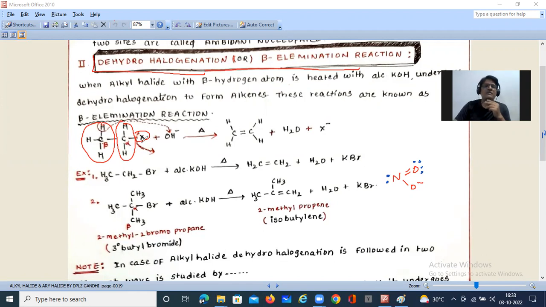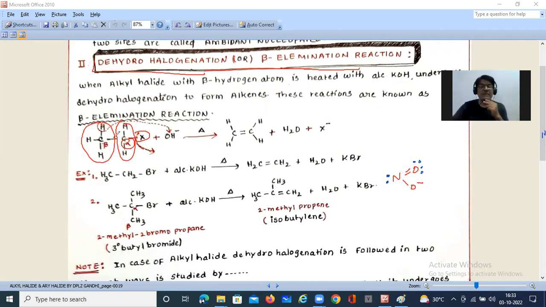Once again I will explain: the carbon to which the halogen atom is attached is known as the alpha carbon, and the adjacent carbon is known as the beta carbon. The hydrogen atoms attached to that beta carbon are known as beta hydrogen atoms.